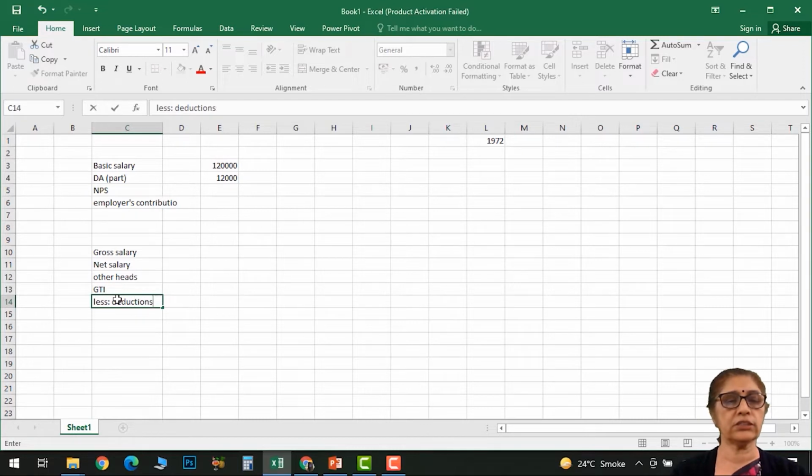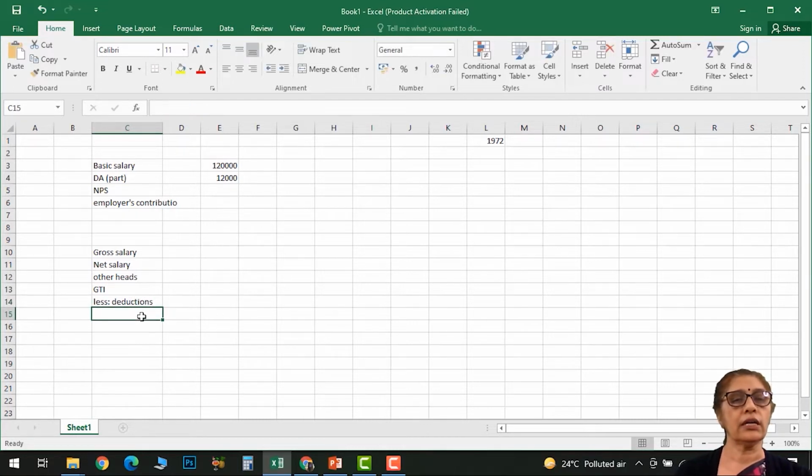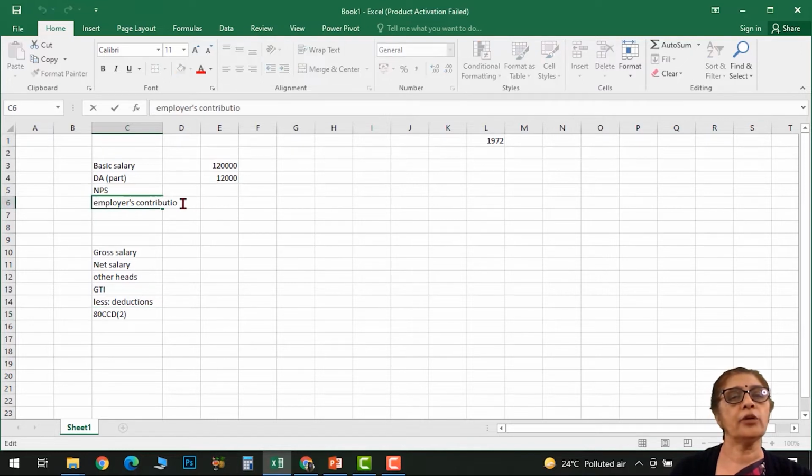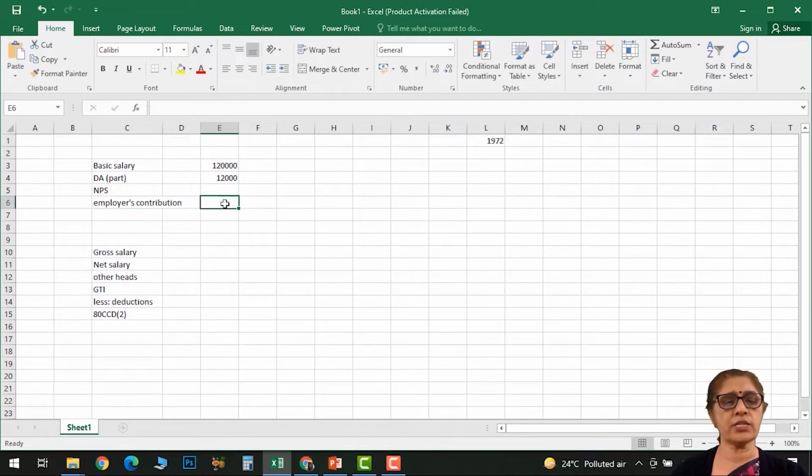And one of the deductions that we are talking of here is 80CCD 2. 2 means employer's contribution. And this will be deductible up to 10 or 14%. So let's say here, employer's contribution towards your NPS is say 40,000.